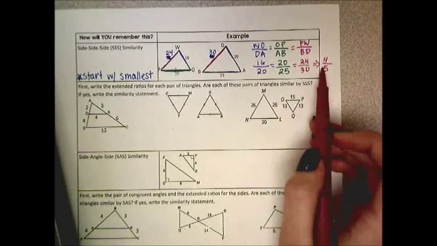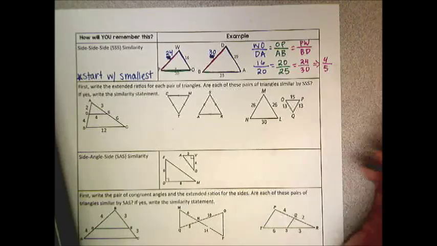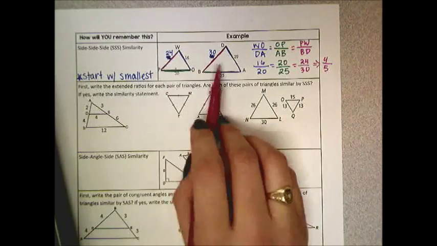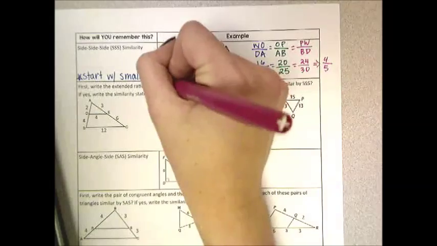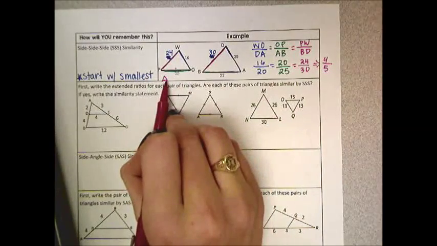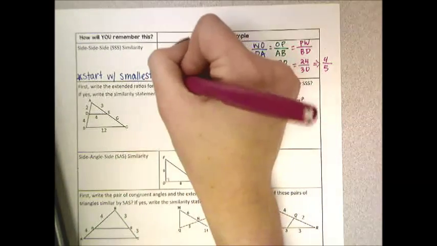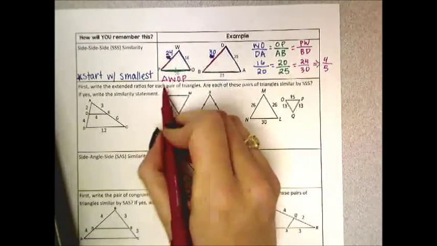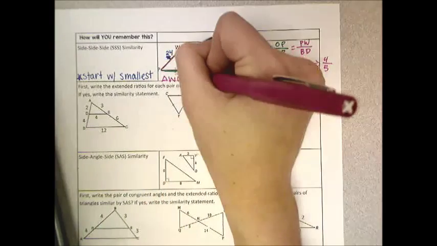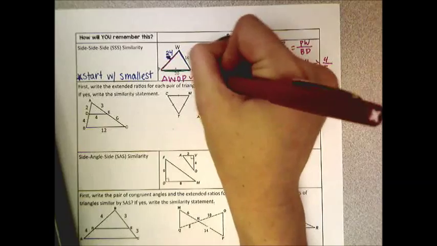Since each of the ratios in the extended ratio here simplify to 4 over 5, then we know that yes, these are similar. So I can write my similarity statement just like we did for congruency. I'm going to write that triangle WOP is similar to triangle DAB.